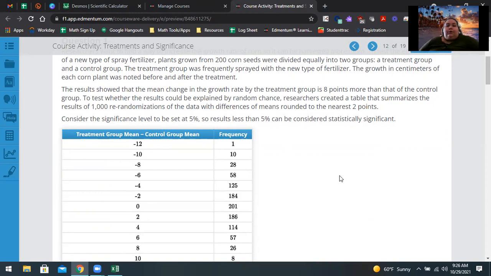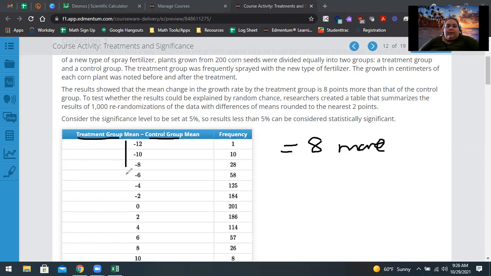So it's this idea here, treatment minus control group, when it was equal to 8 points or more. And down this whole list are the points. So when it was 8 or more, the mean change in the growth rate by the treatment group is 8 points or more than that of the control group.